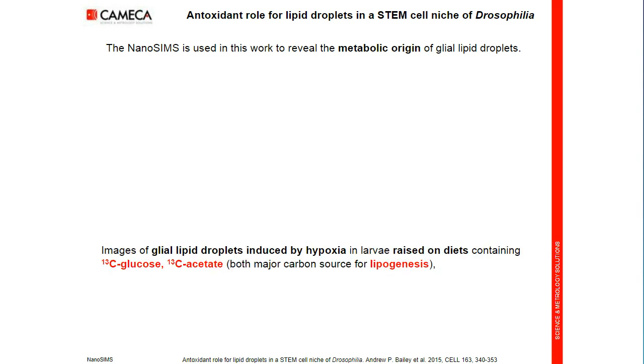So the researchers recorded images of glial lipid droplets induced by hypoxia, in larvae raised on diets containing either C13 labeled glucose or C13 acetate, both major carbon sources of lipogenesis.